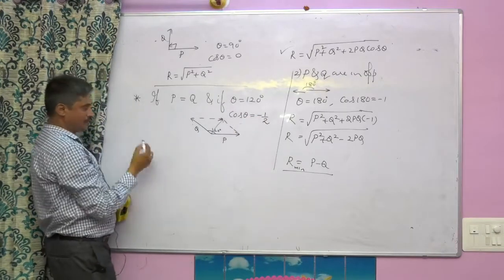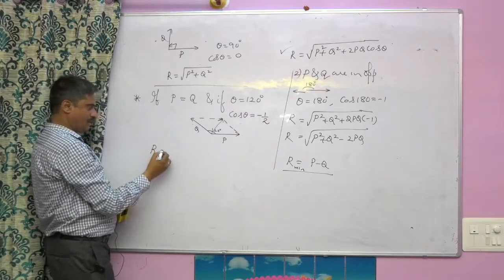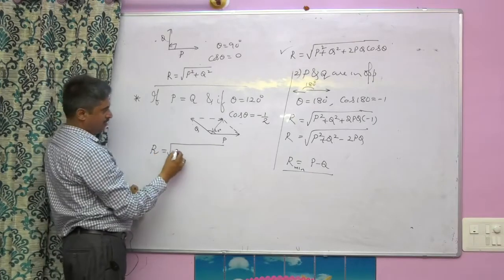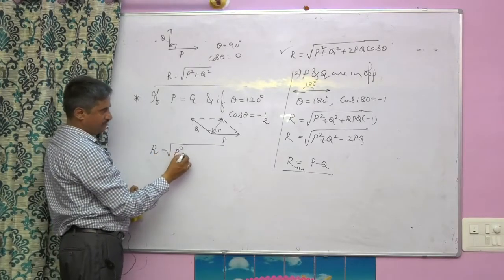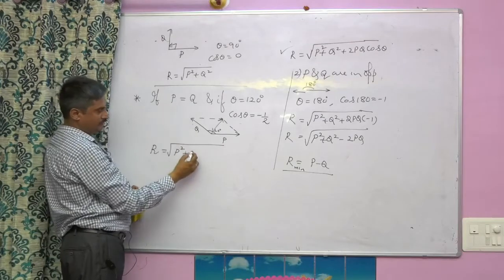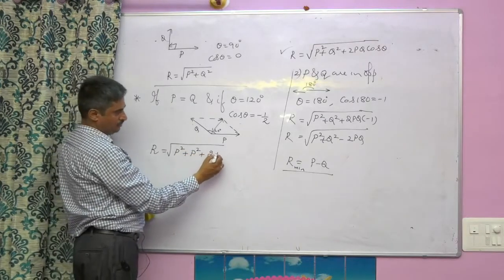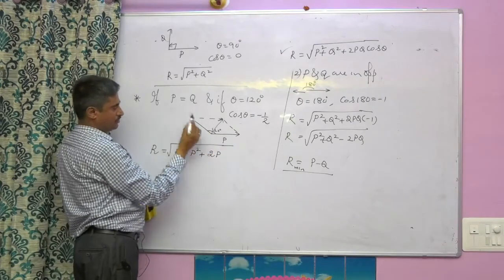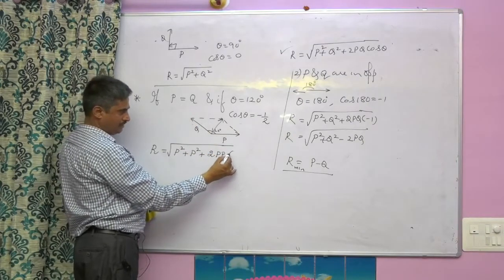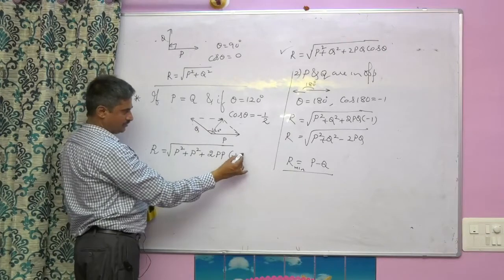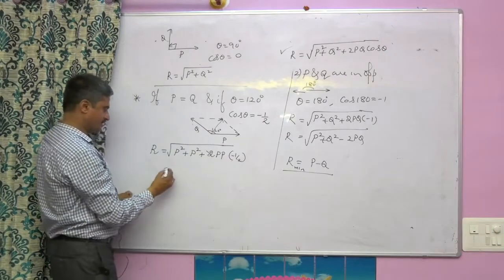Then our formula becomes R equals square root of P square, Q is also equal to P, so P square plus 2P into P into minus half. 2 gets cancelled.